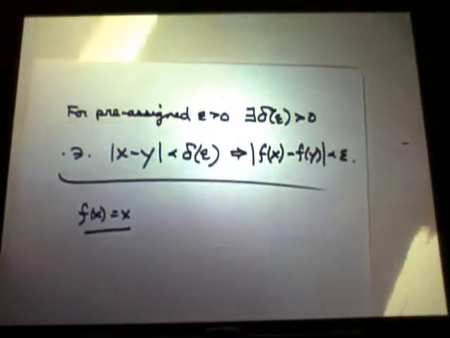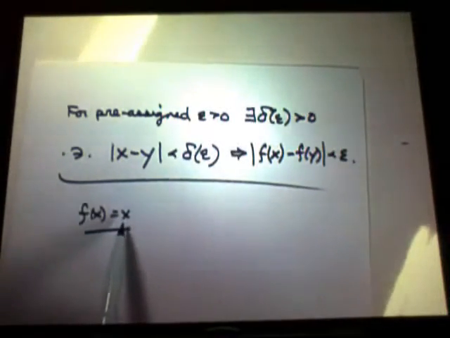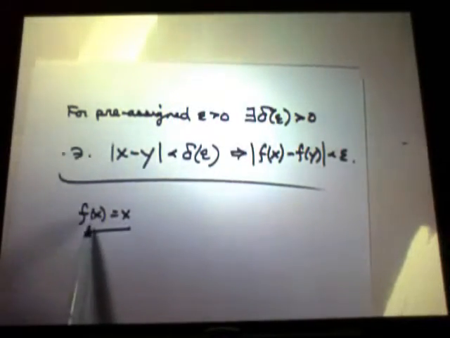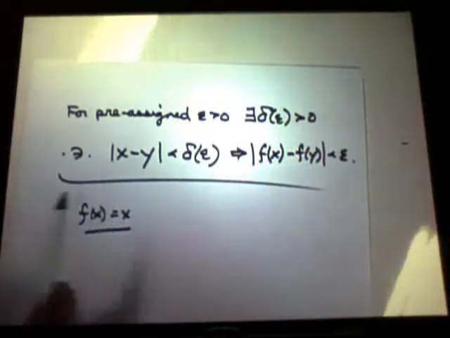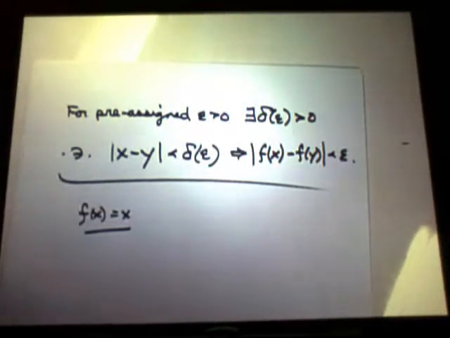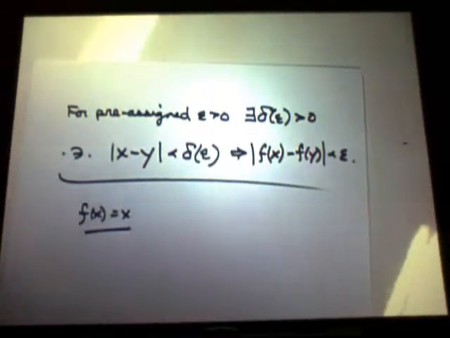Well, what do you have to do? If I give you an epsilon, you have to find a delta so that if you keep 2 points within delta, the function values on those points correspond to a distance less than epsilon. Can I do that? What if you just set delta equal to epsilon? Would that do it? Yes.